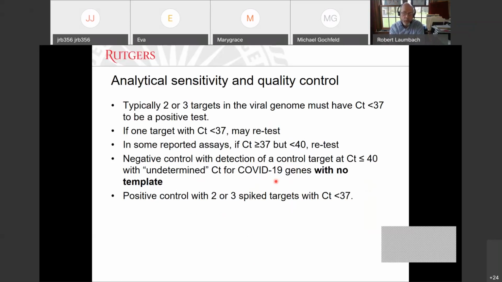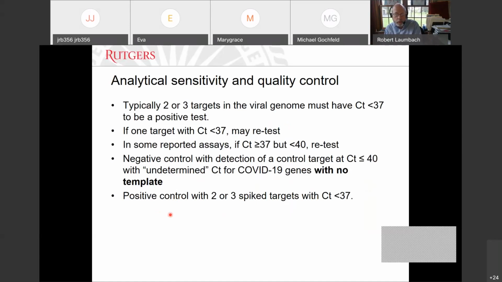But between 37 and 40, if there is some exceedance of the threshold between those CT values, then there's reevaluation done or retesting. And then there's positive controls as well as negative control. So the assay itself is very sensitive and specific.